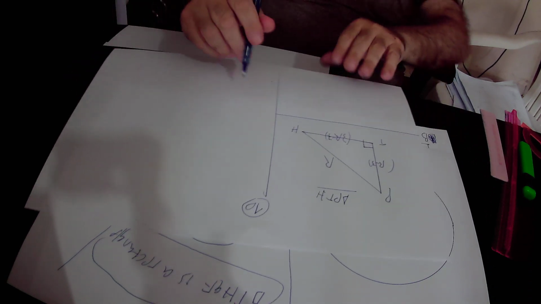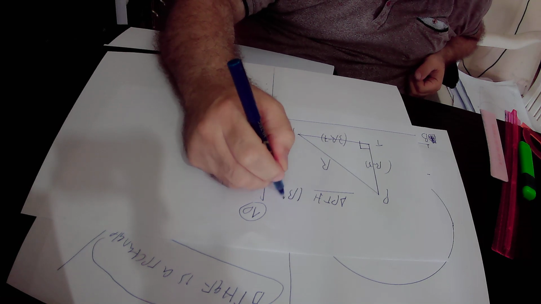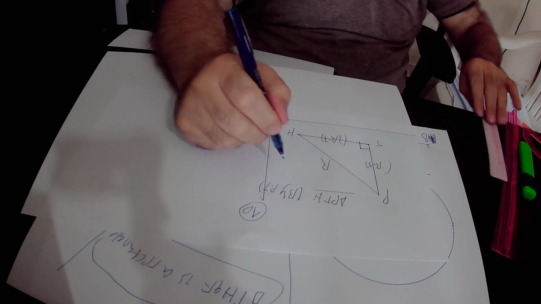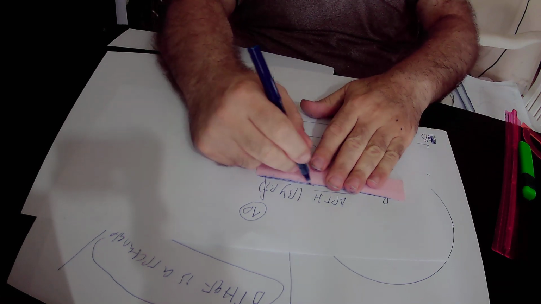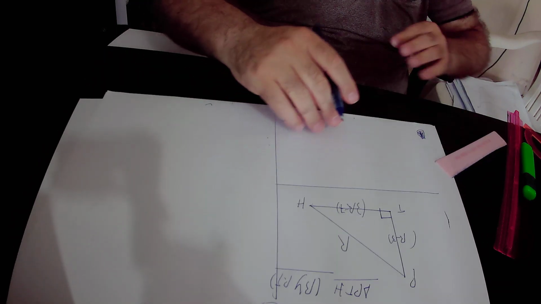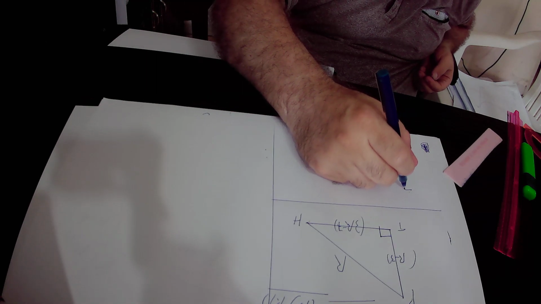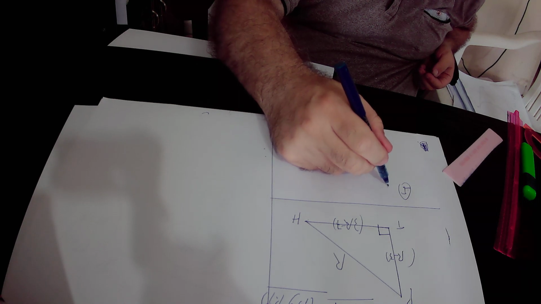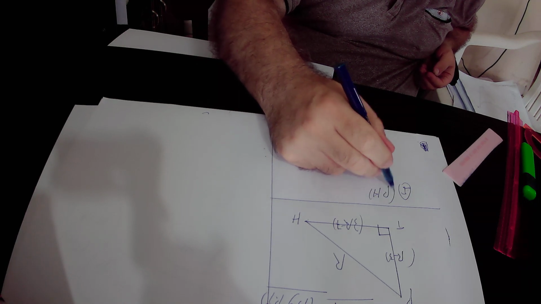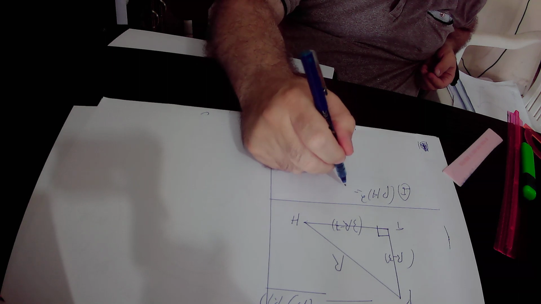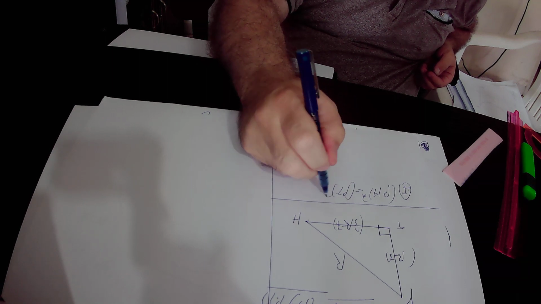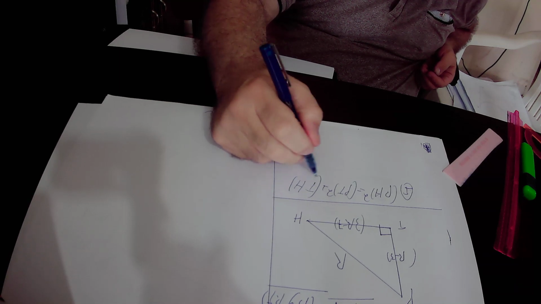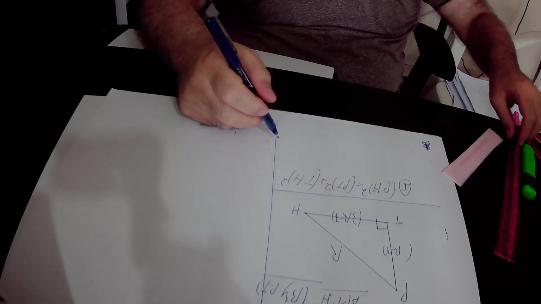Here is the equation for the Pythagoras theorem. According to the Pythagoras theorem, the square of the hypotenuse equals the sum of the squares of the perpendicular sides. That is to say, PH square is equal to PT square plus TH square.